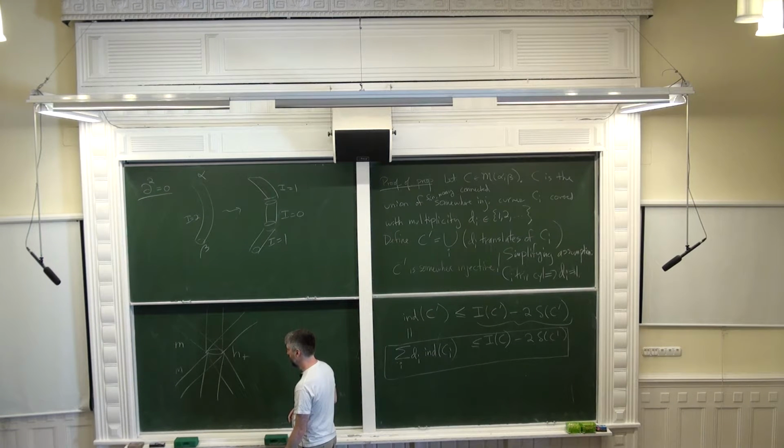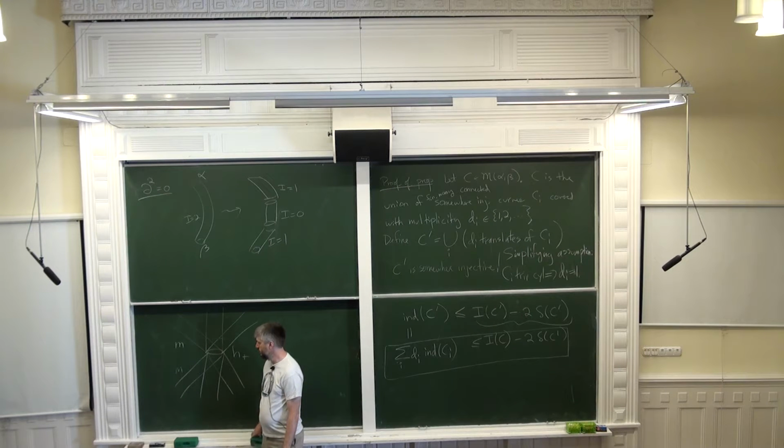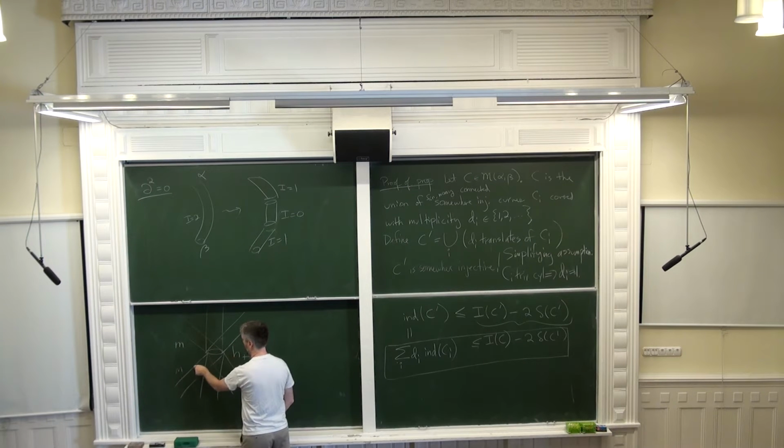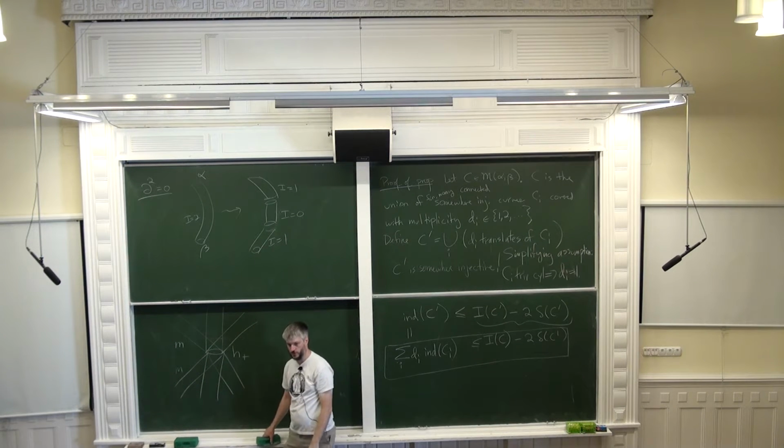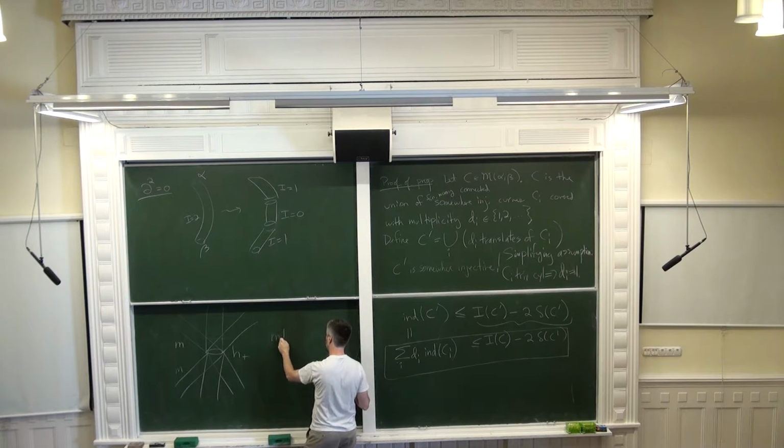Now, when you glue this, you have to choose a bijection between the negative ends of the upper piece and the positive ends of the lower piece. So you say which of these things can you glue to which of these things, and then you can do the usual gluing construction. So there are n factorial ways to glue this.